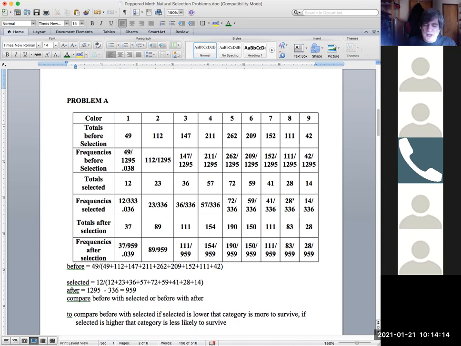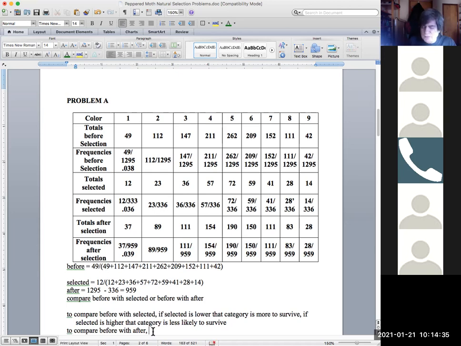Now, notice that if we're comparing before with after, and I think this is a little more logical, but that depends on you as an individual.